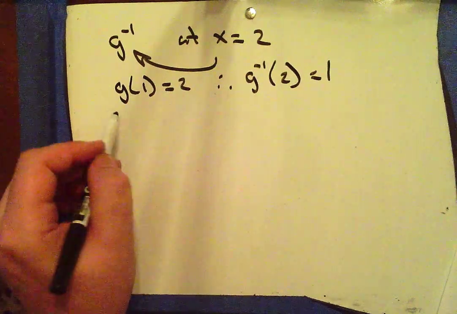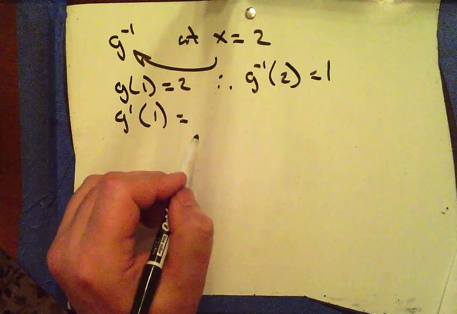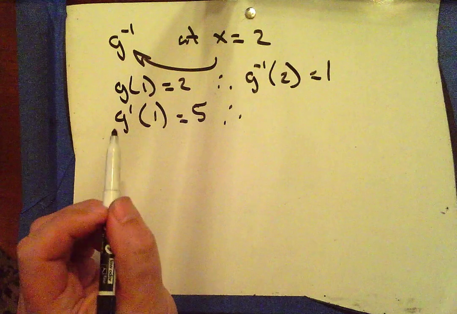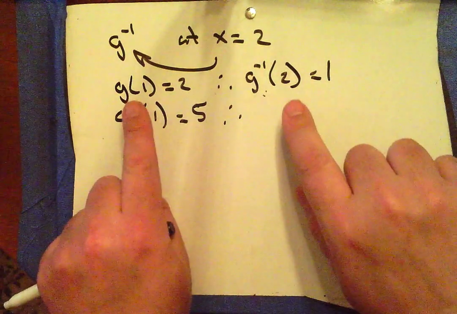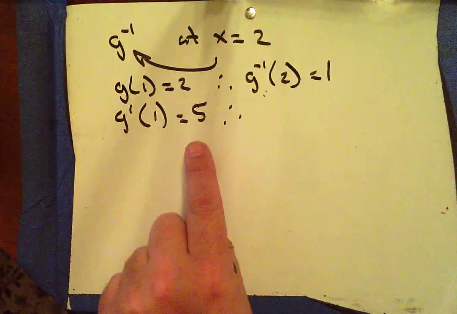I also need g prime at 1. So g prime at 1 is 5. And remember, the slope on the inverse function at the inverse point is the reciprocal of the regular one.